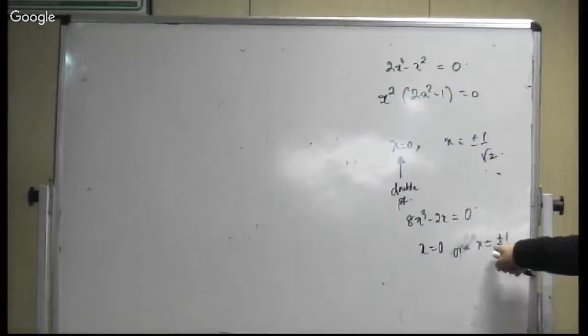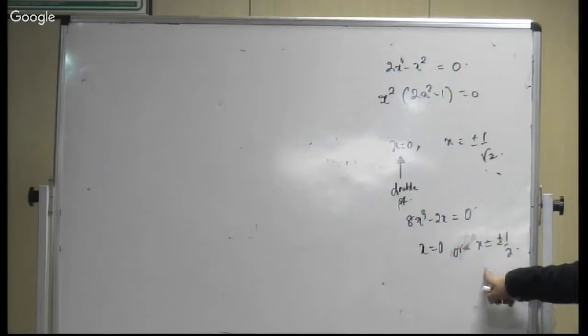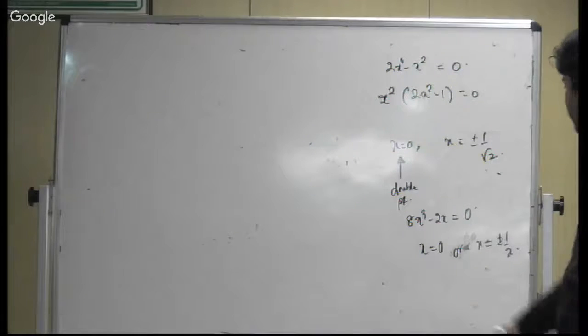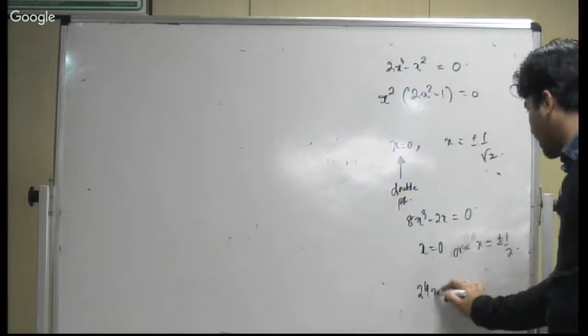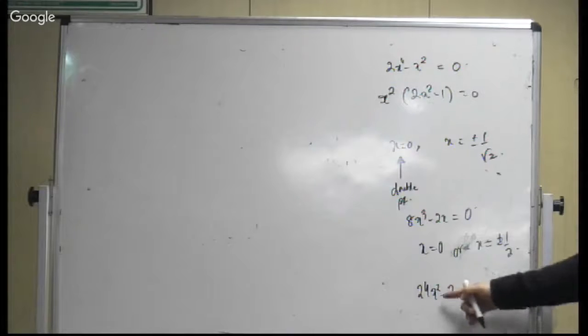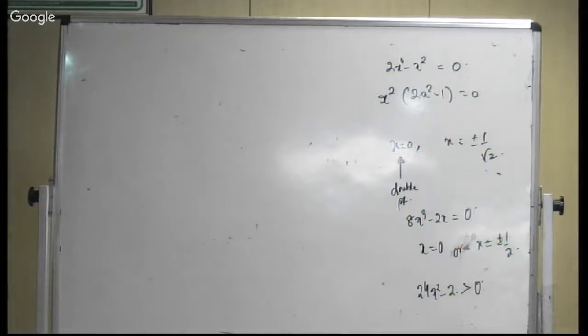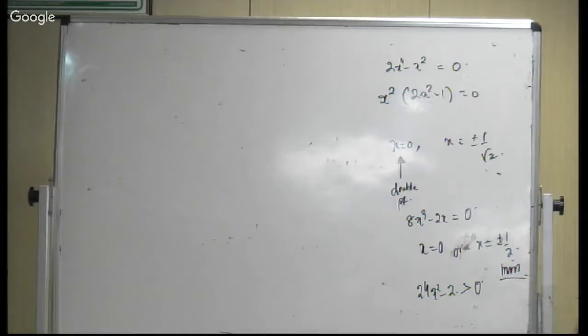Now I have to see whether it is local max, local min, or nothing. So I'll take the double derivative. What will be the double derivative? 24x square. So it's going to be a positive thing. So it's a local min.